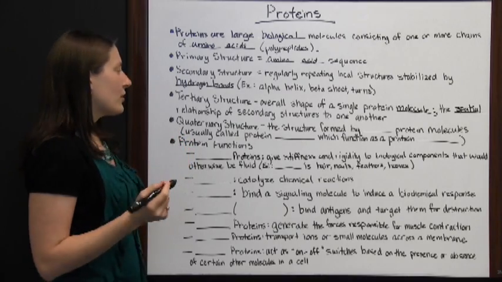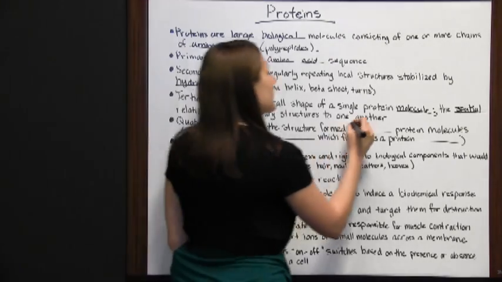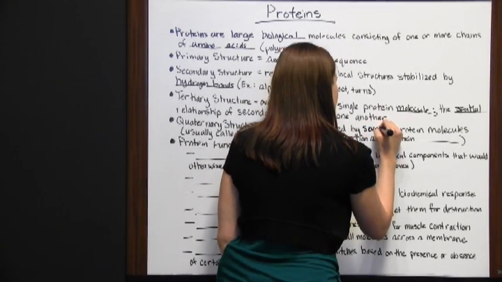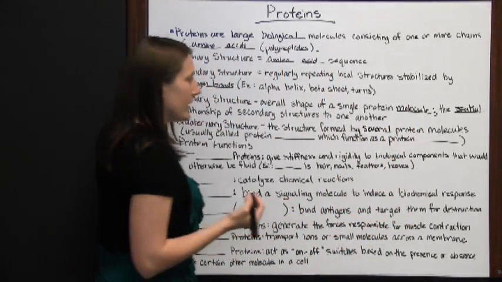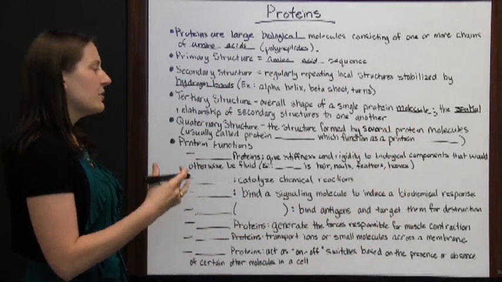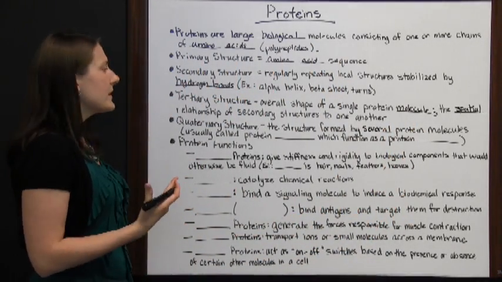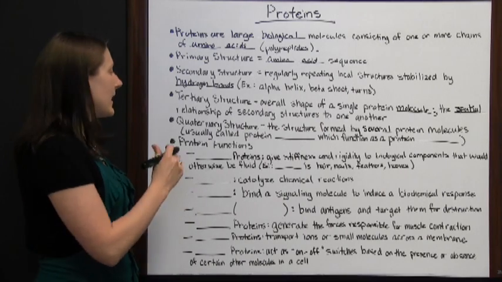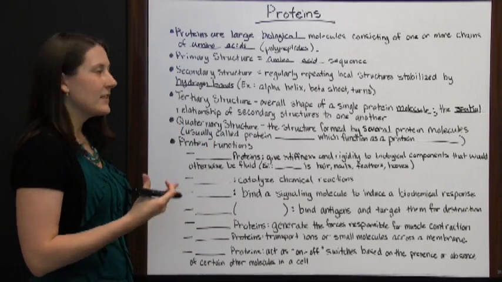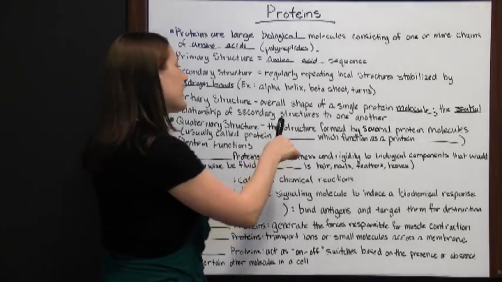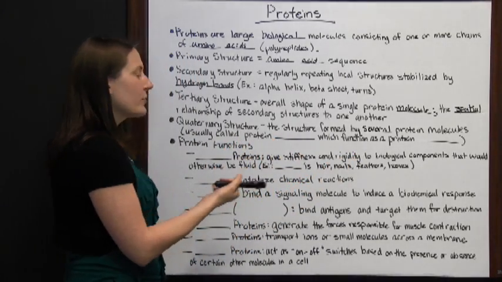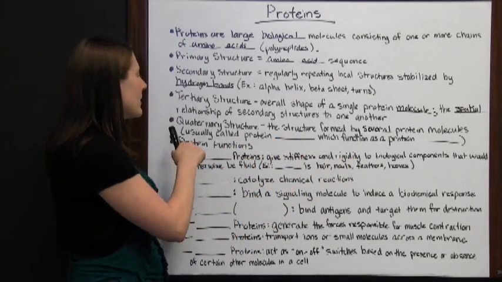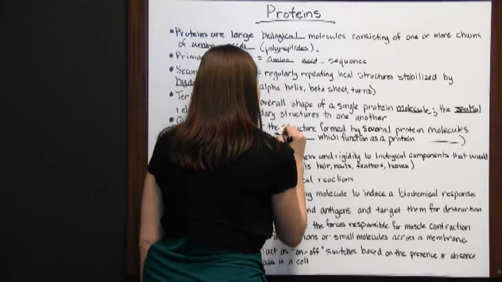The quaternary structure is going to be the structure formed by several protein molecules. So you can see how we just keep adding proteins here to get different structures, and the more that are added, the more different that these structures are going to look because they're getting more complex. So several protein molecules are joined together in the quaternary structure, and this is usually called a protein subunit.